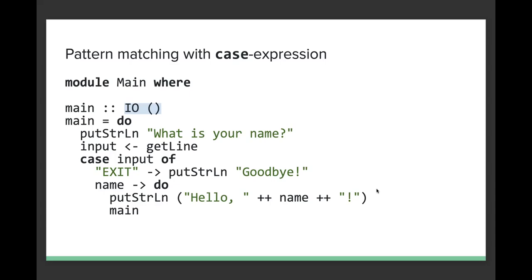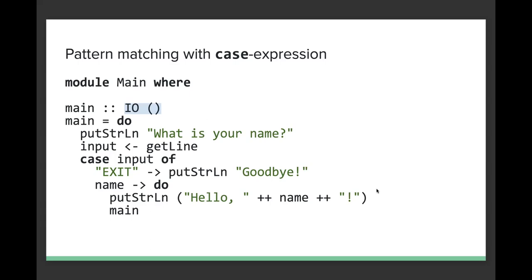If the input is anything else, we call it name. We just interpret any other input as giving us a name. And then we return a program that is constructed using do notation, which consists of two expressions. One prints hello name, and the other one calls main recursively. Okay, does this make sense to you syntactically and otherwise?